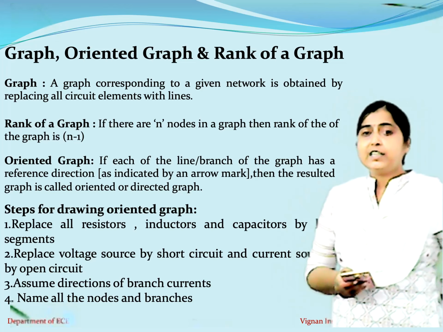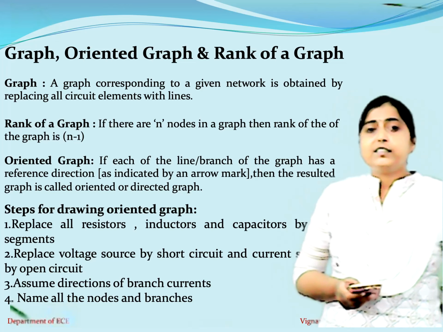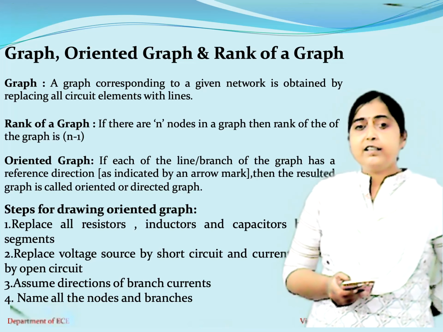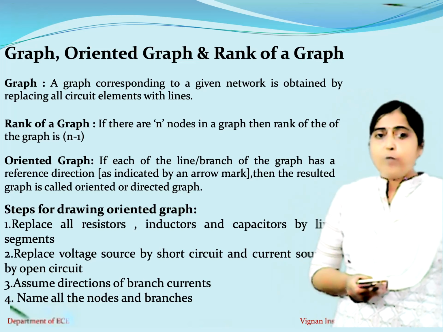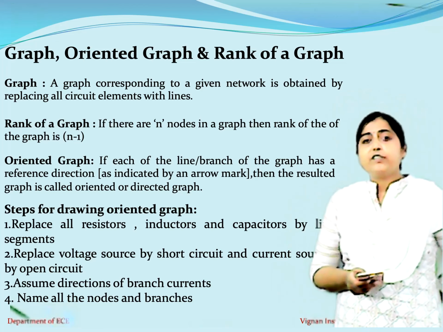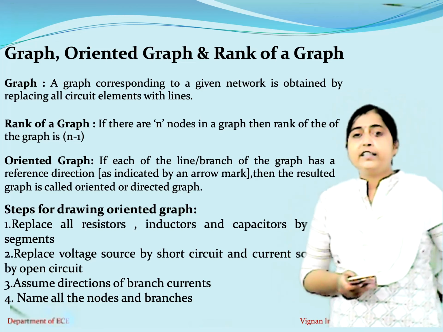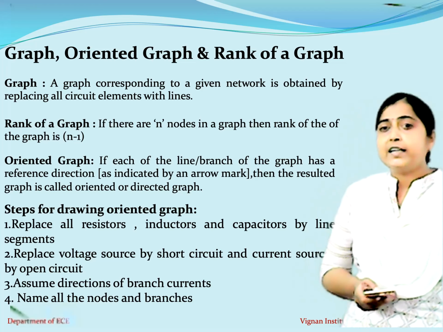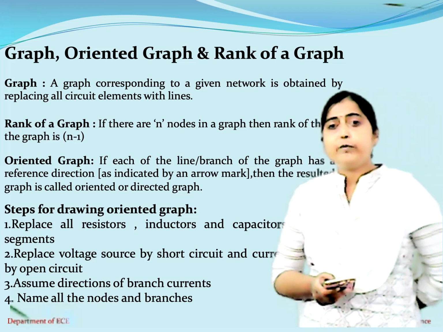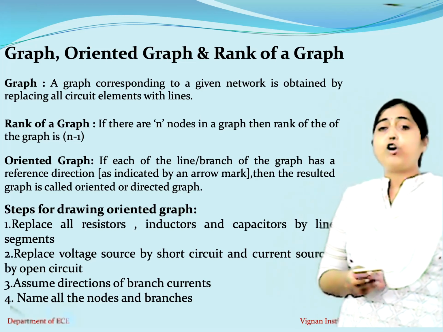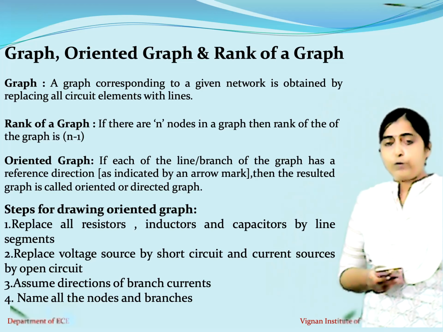I hope it is clear to everyone what the difference between a graph and an oriented graph is. Now coming to the steps that we use to draw the oriented graph. This is very important because this is the first step that we follow in network topology.